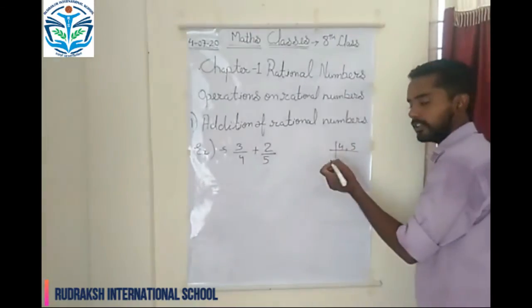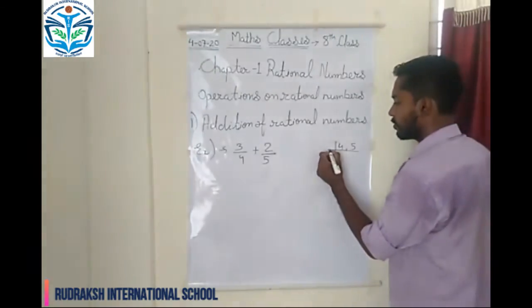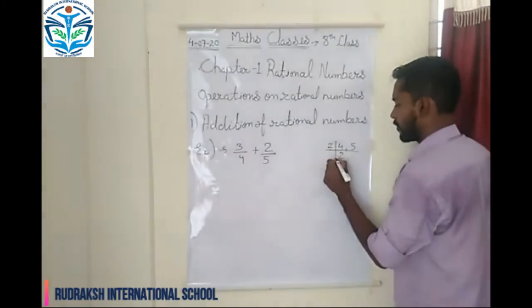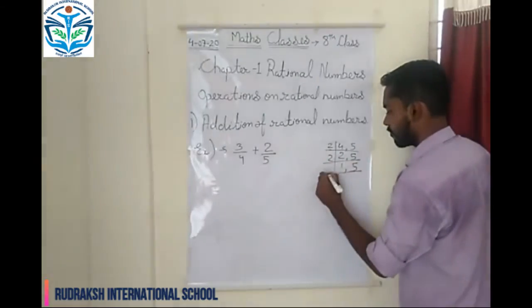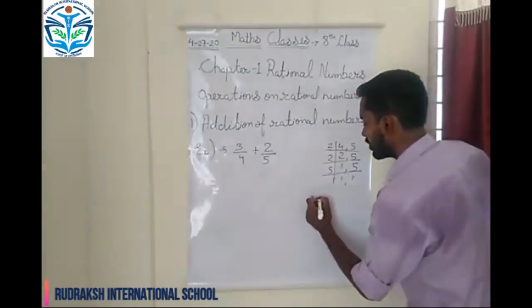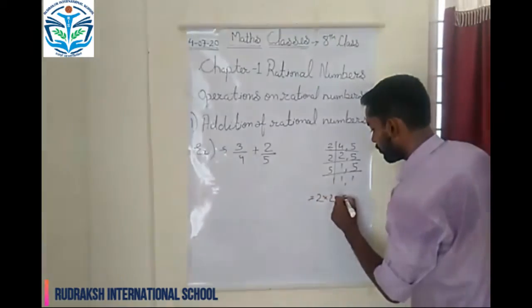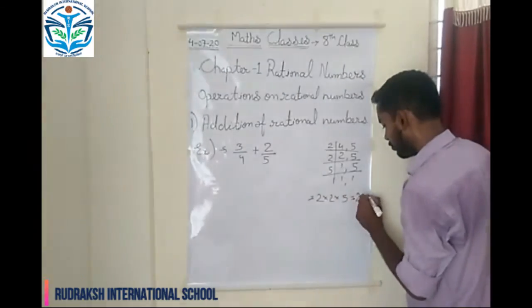Now here you can see that these two numbers don't come in the same table, so what will be the LCM here? It is 2 into 2 into 5, so it will be 20.